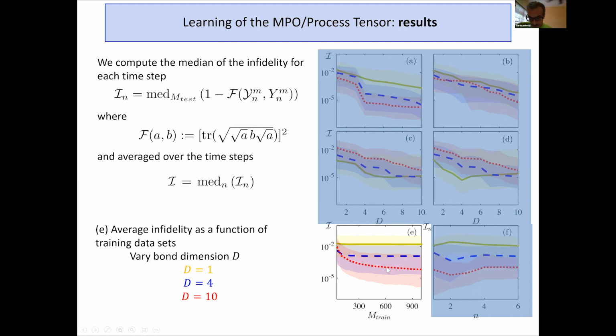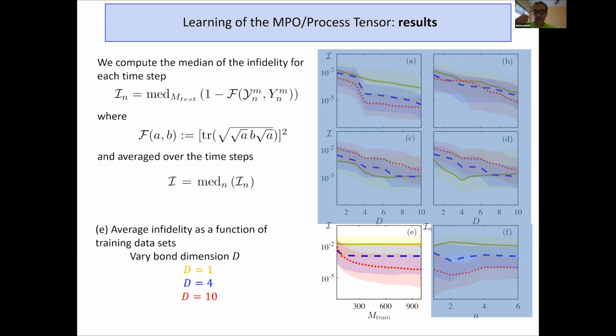And here, for bond dimension 10, even with 900 training samples, we can still learn. We're still improving on our results. So this tells you about the expressibility of the ansatz.